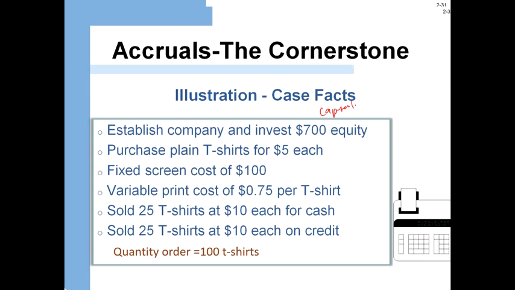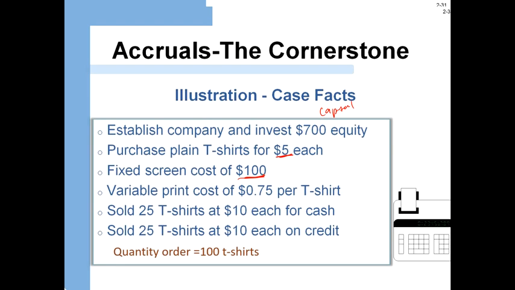And then they purchase plain t-shirt for $5 each, known as product cost lah. And then dia juga ada fixed screen cost of $100 and variable print cost of 75 cents per t-shirt.